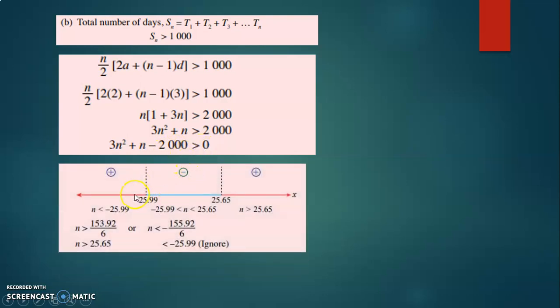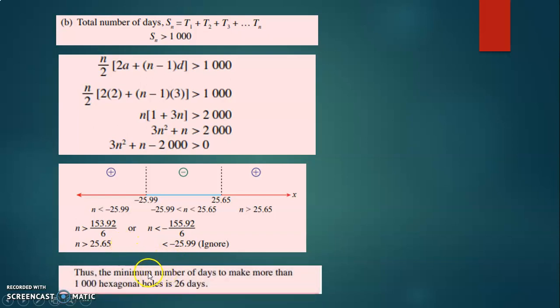We can solve it using any method, isn't it? The graph method. So eventually we have n greater than this or n less than this. This one negative, ignore lah. So greater than 25.65, that means the minimum number of days. 这个是它的 question. To make more than 1000 hexagonal holes is 26 days minimum.